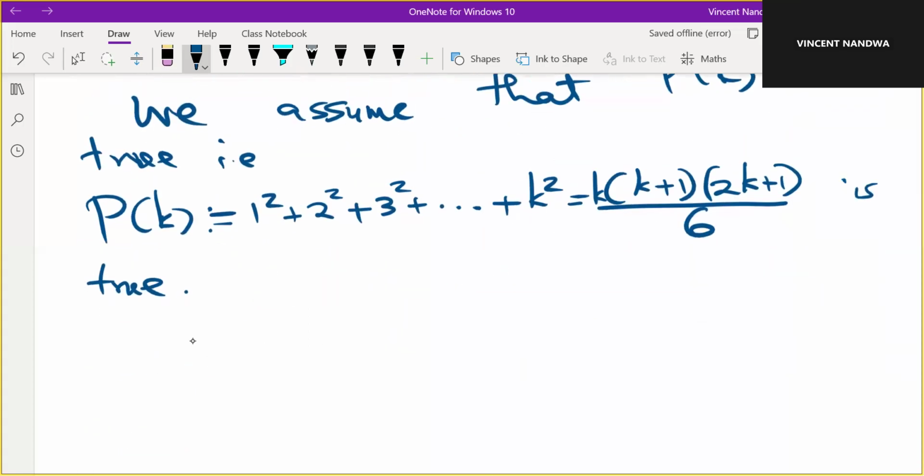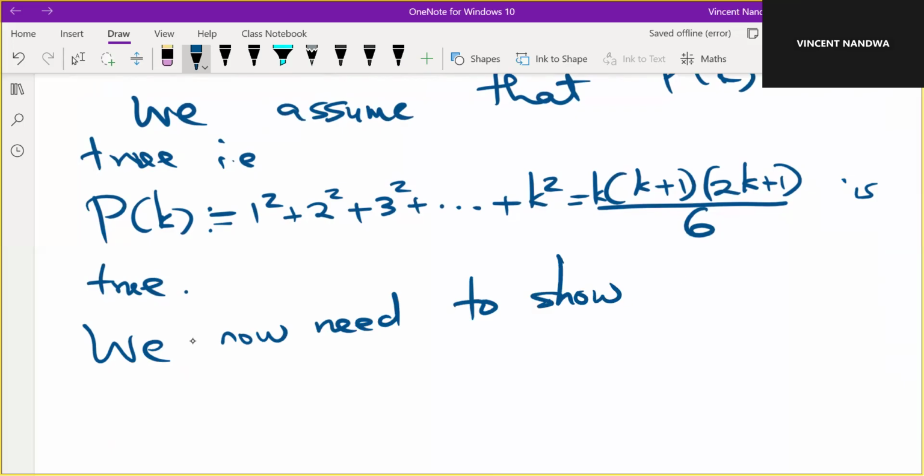Is true. So now we need to show that P of k plus 1 is true. Usually, we can know the expression that we expect to have for P of k plus 1, because it's just rewriting this formula, but where there is k, you put k plus 1.